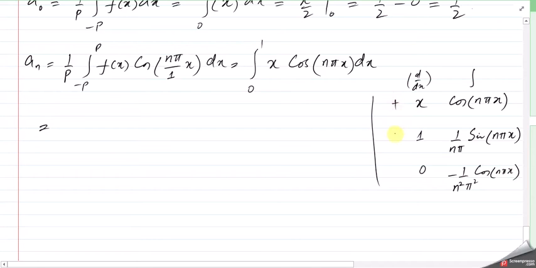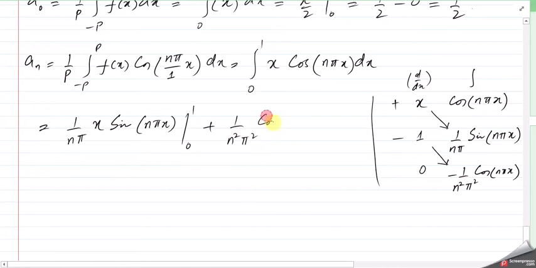So we keep this plus and minus and multiply, and this gives 1 over n pi x sine n pi x between 0 and 1, minus, and this minus will make plus, and that would be 1 over n square pi square cos n pi x, again 0 to 1. That gives 1 over n pi.